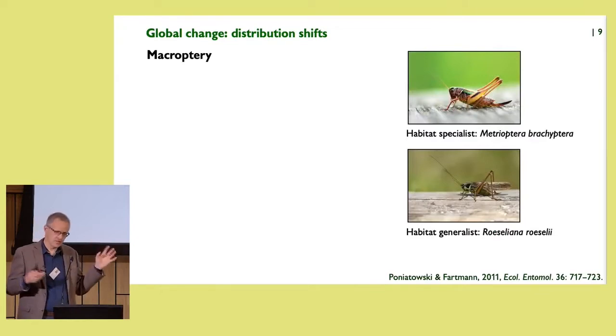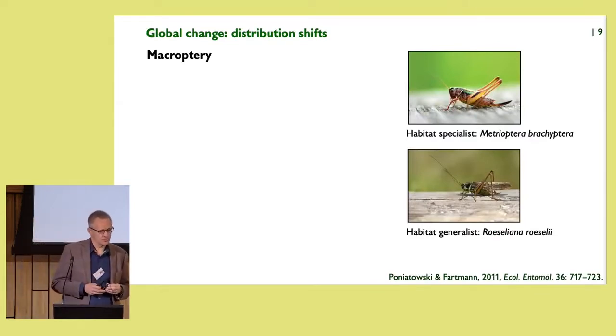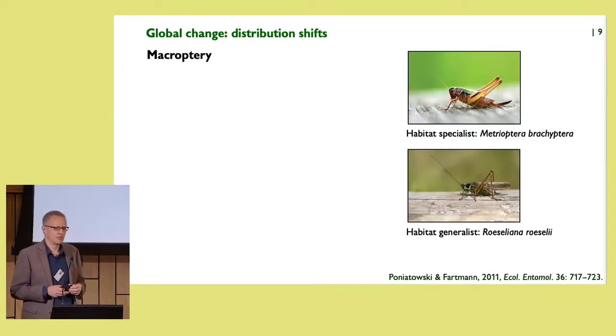Now let's show how the distribution of species changed in our fragmented landscapes due to global change. One important study we conducted focused on a habitat specialist and a habitat generalist. The habitat specialist was Orthoptera Orthoptera.